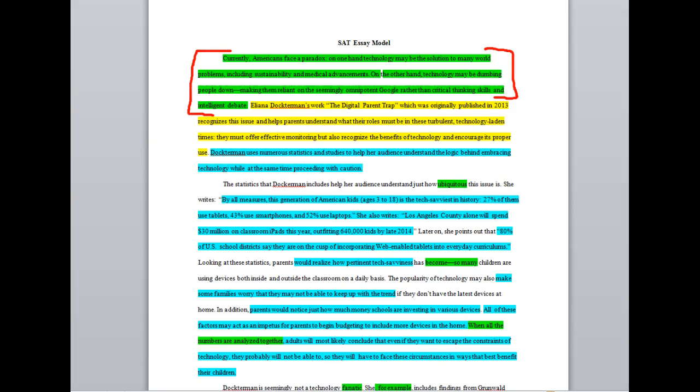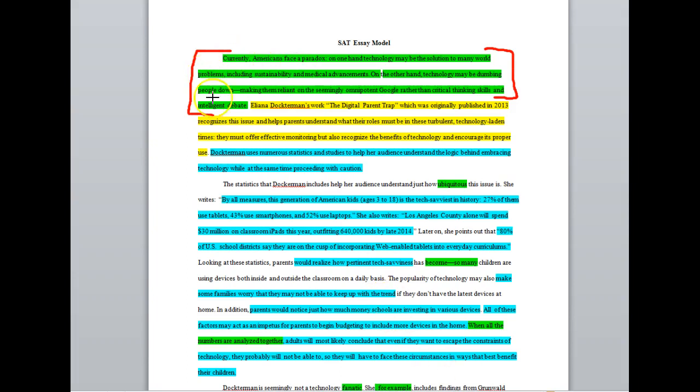And anything that's highlighted in blue will show their ability to analyze. By analysis, we mean the ability to take out the devices that the writer, Eliana Docterman, uses and explain how they impact the reader. So those are the three things that are going to be examined in this model.